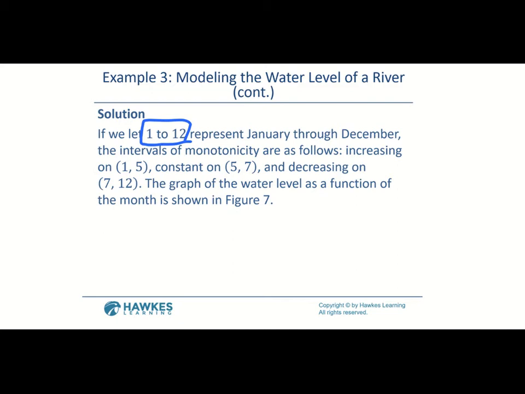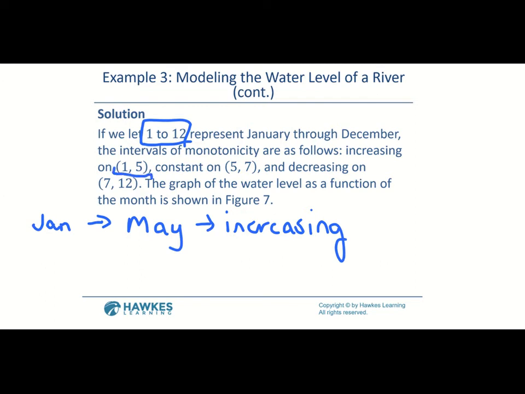our levels of monotonicity, we knew from January through May, they told us the water level was increasing. So our interval would be 1 to 5.